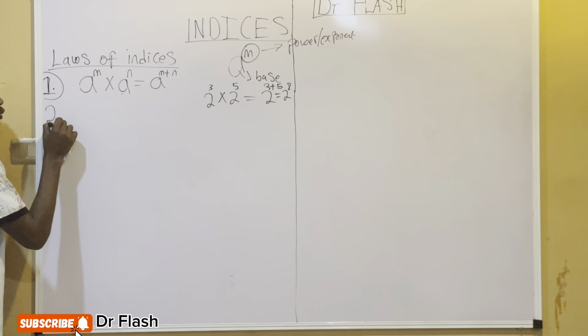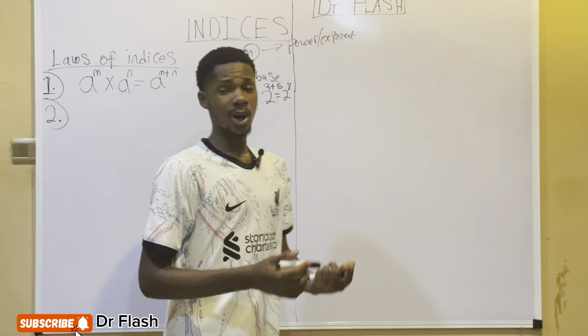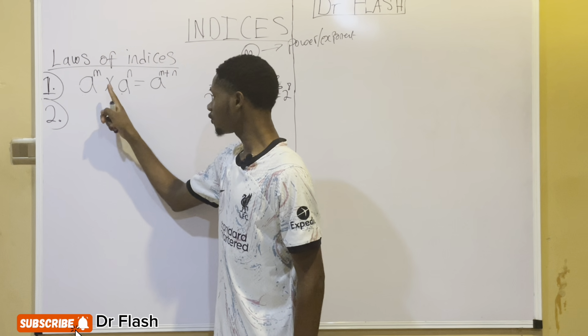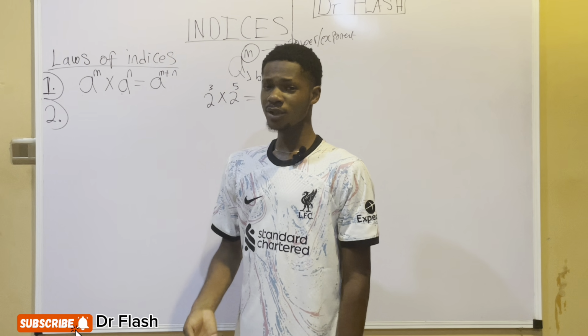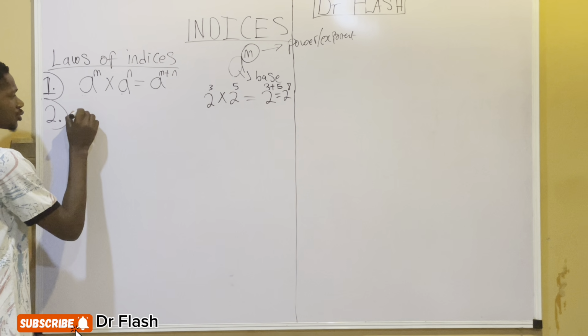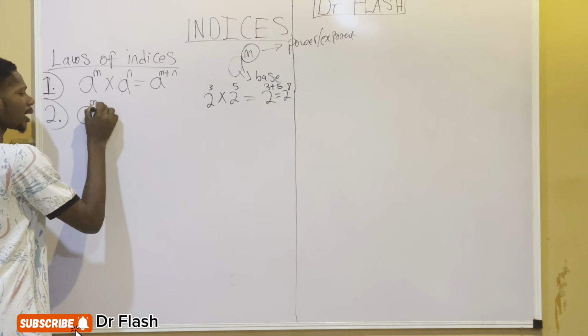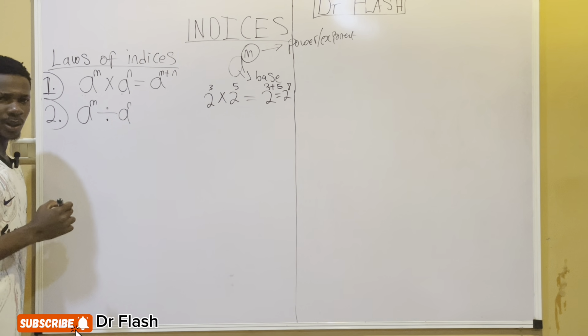Over here to law 2. Law 2 is similar to law 1. The only thing we are going to do is come to this law 1 and replace this multiplication sign with a division sign. So I'm going to write a to the power of m divided by a to the power of n. In this case, what then are we going to have?